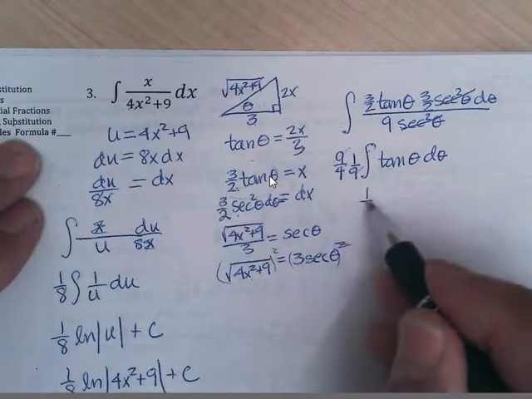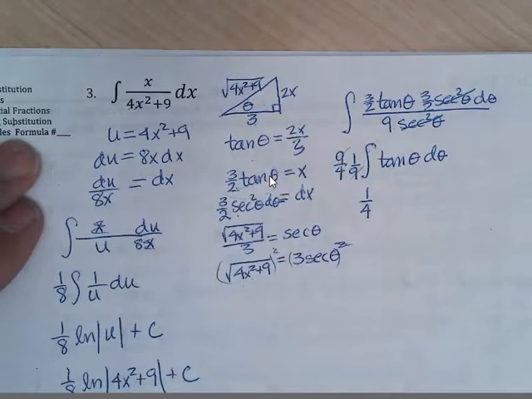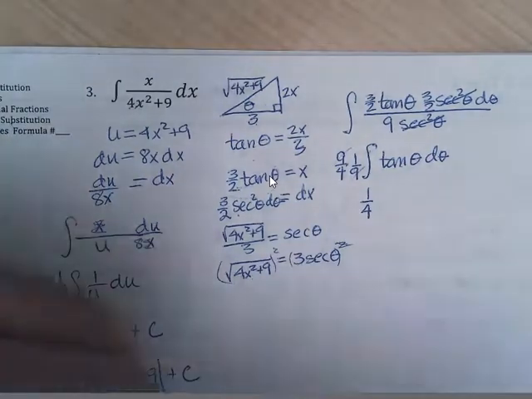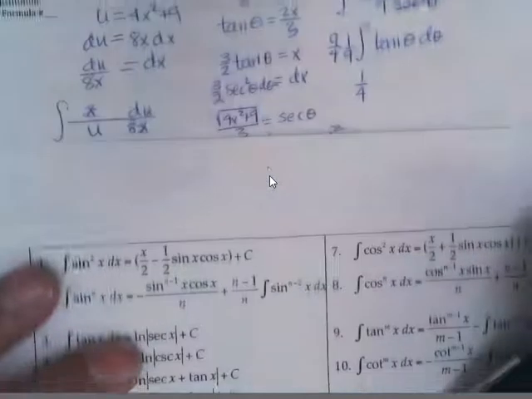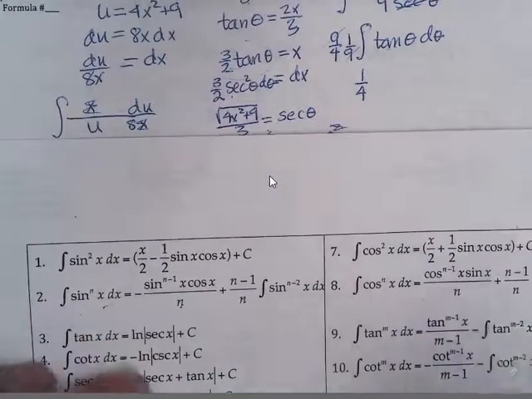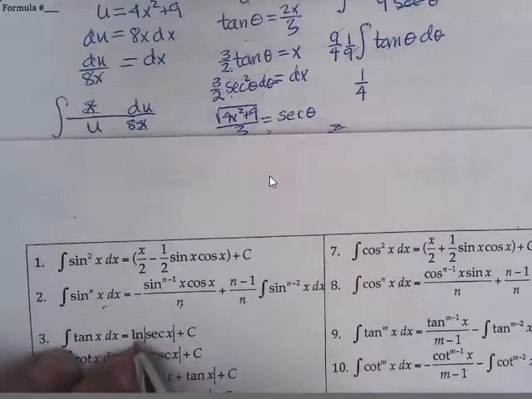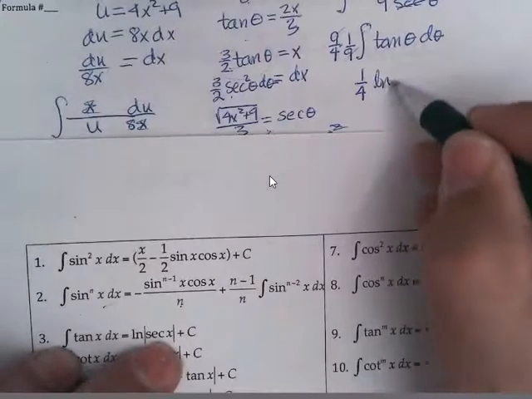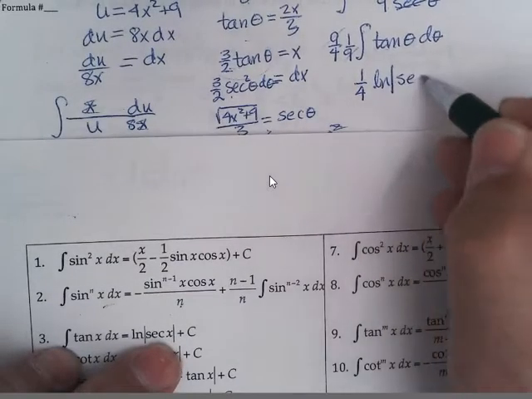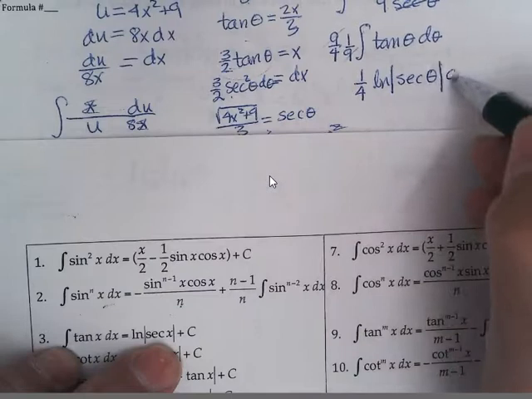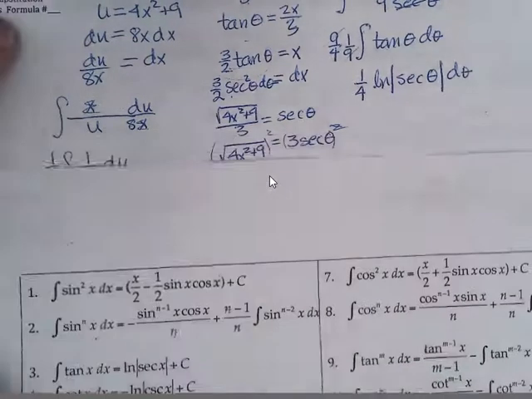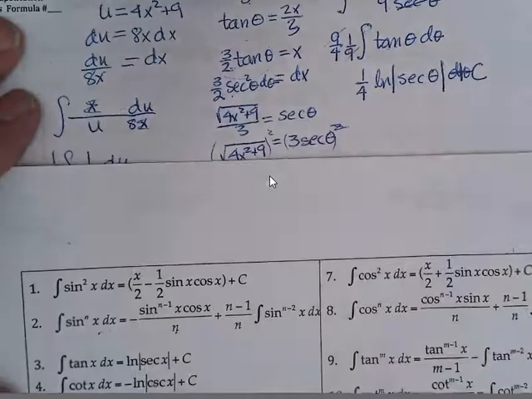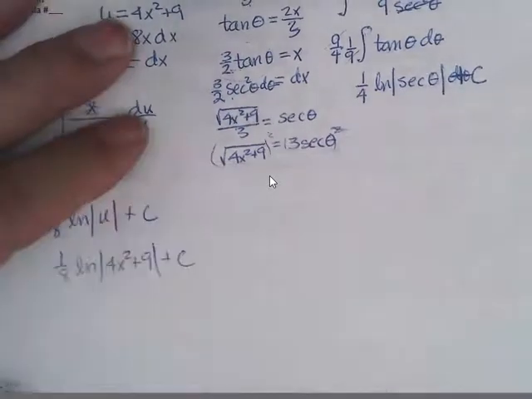We'd get 1/4, and the antiderivative, according to the table, of tangent of theta is natural log of the secant of theta, ln secant theta d theta. Plus c. We've taken the antiderivative, so plus c.